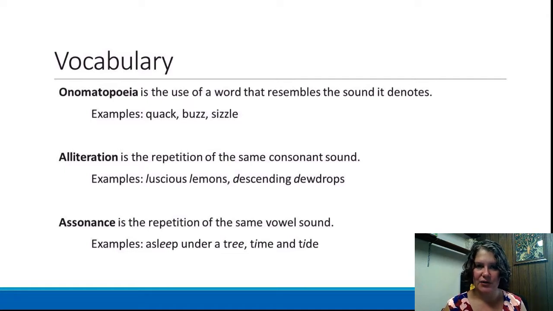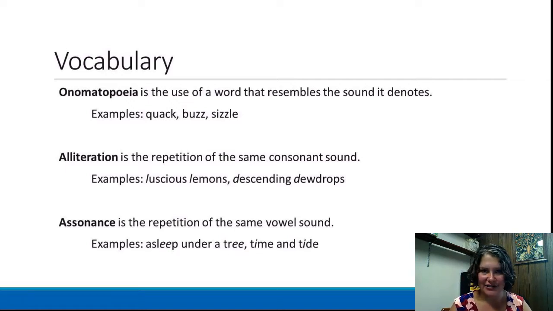In both of these examples, the consonant is coming at the beginning of the word, but that doesn't have to happen. Alliteration can also happen when those sounds are within the words. We see it most often probably at the beginning of words, but it also refers to the repetition of consonant sounds within words as well.